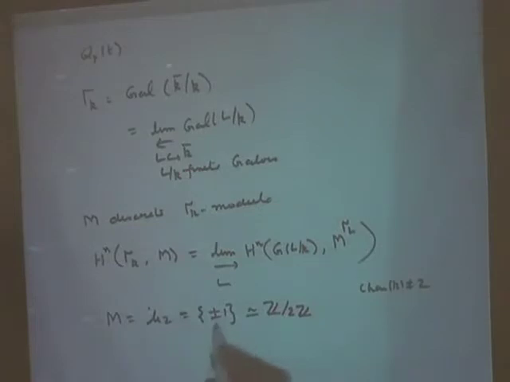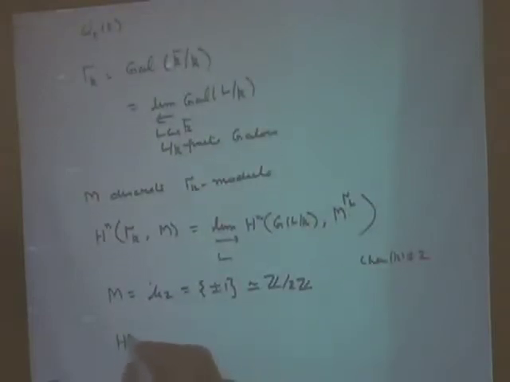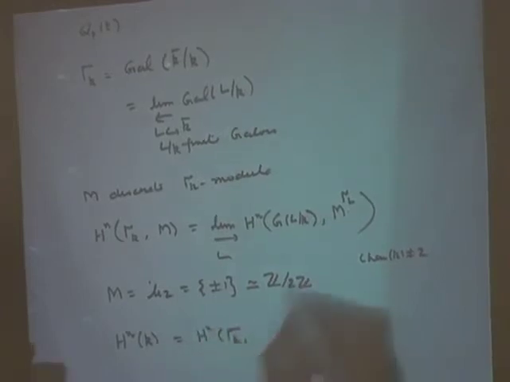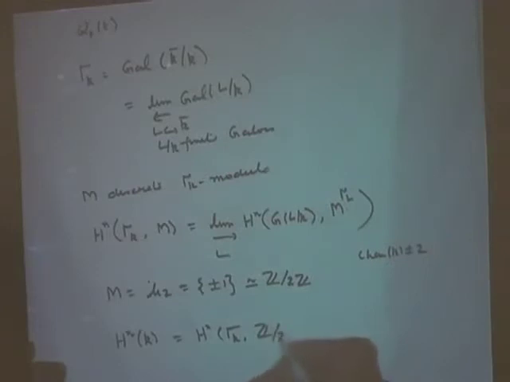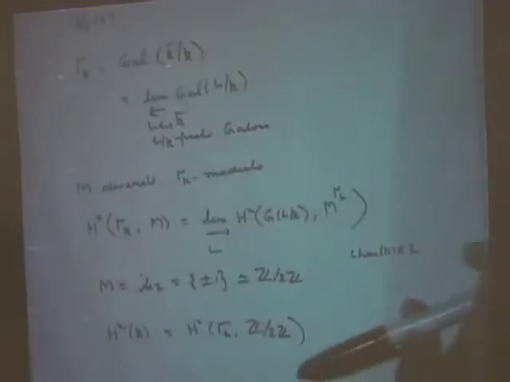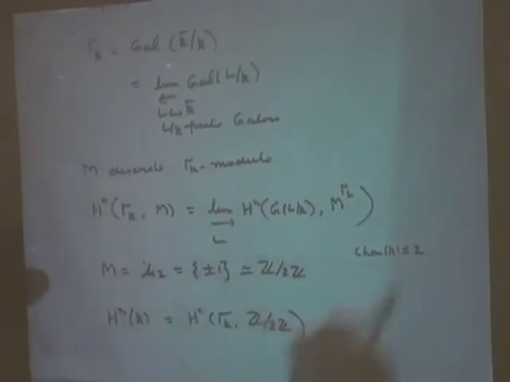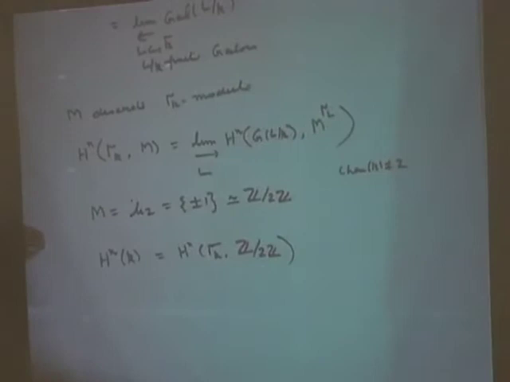So the module plus or minus 1 under the Galois action we'll just denote by Z mod 2Z, and we'll have this abbreviation H^n(K) simply stands for H^n of Gamma K with values in this particular coefficients, Z mod 2Z or mu2. So these are the groups where the invariants are going to take values.